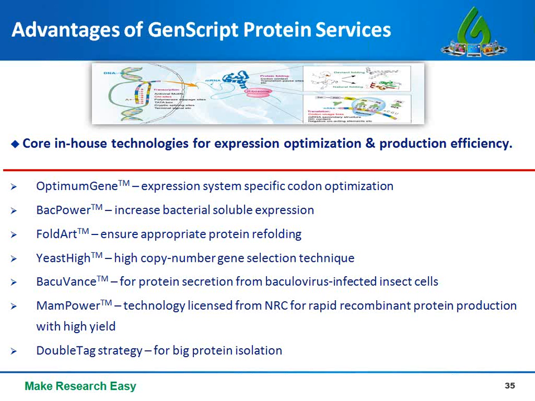MammoPower is a technology licensed from National Research Council of Canada for rapid recombinant protein production in high yield. For big molecular weight protein, we use double tag strategy for pure protein with improved production efficiency. In summary, our service is backed up by our advanced technologies to ensure the high quality of protein.